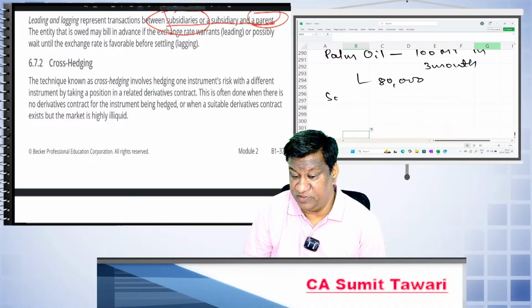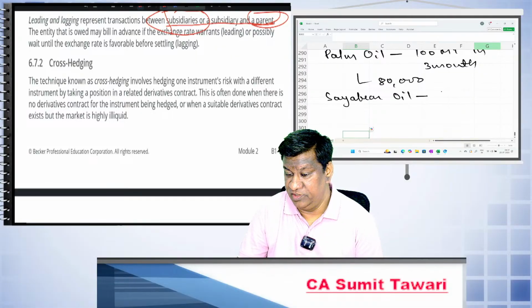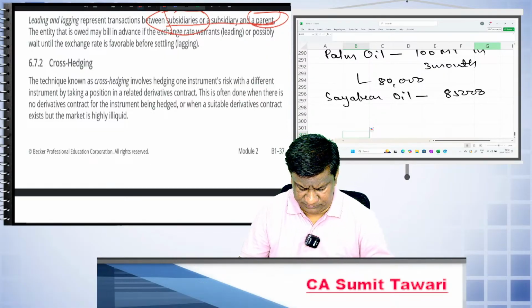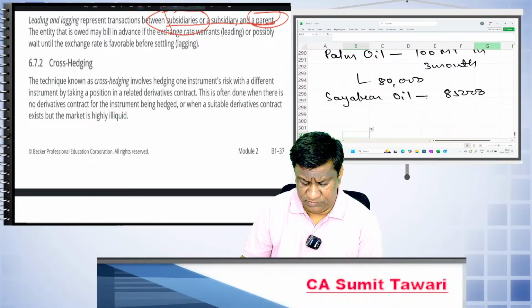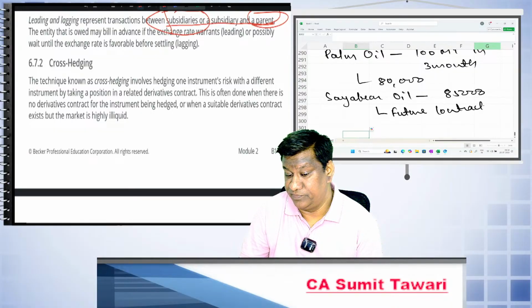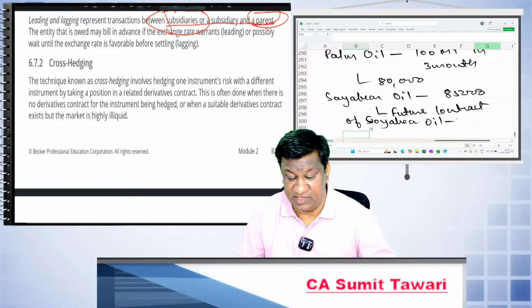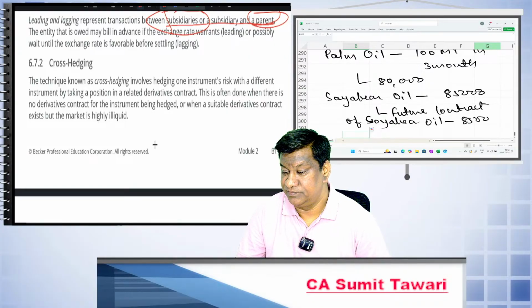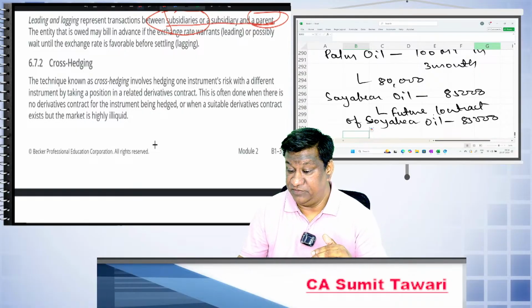For soybean oil, today's price is 85,000. If I book a future contract of soybean oil for selling at 85,000, it is a future contract.